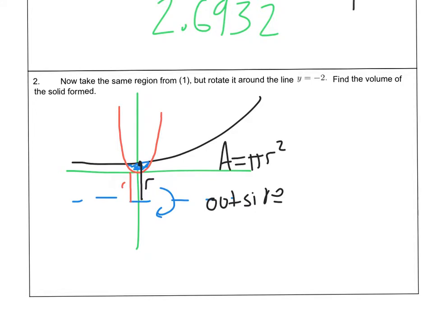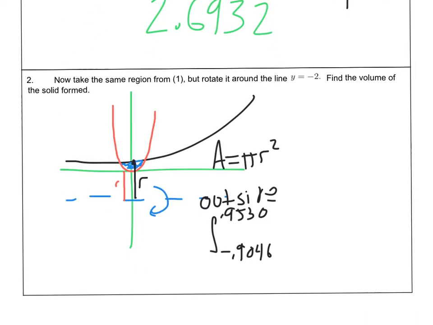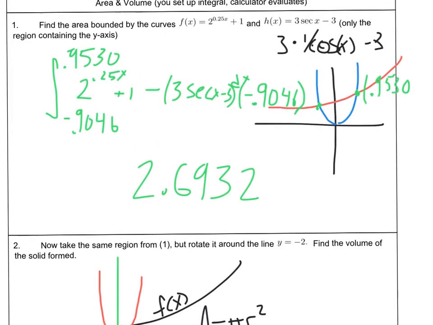I'm going to do this as the integral from negative 0.9046 to 0.9530, and that top curve is going to be that exponential thing. That's called f of x, so I'm just going to label this. And I'm just going to label the other one h of x.